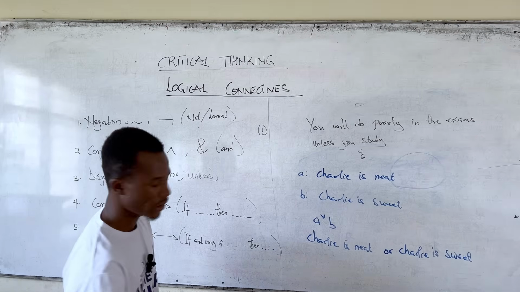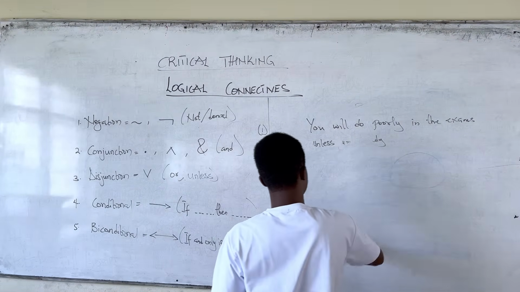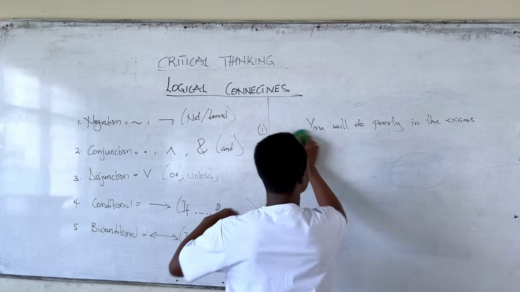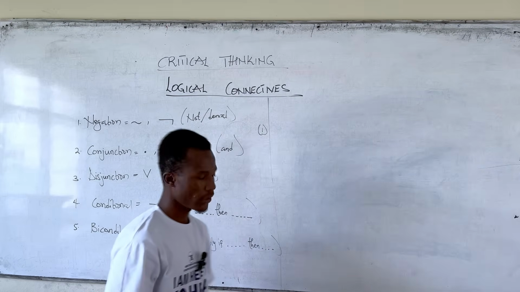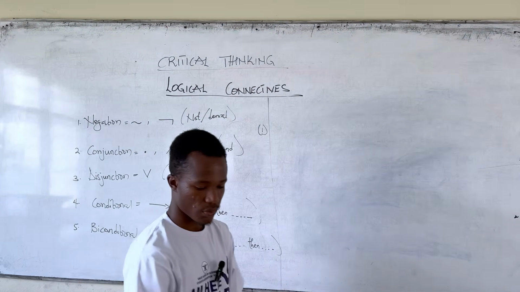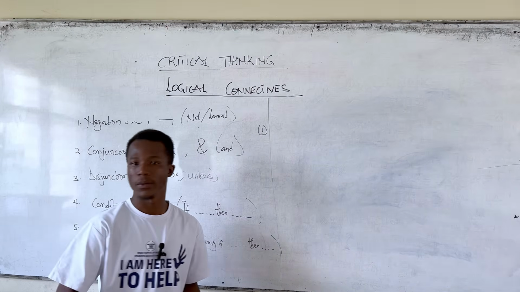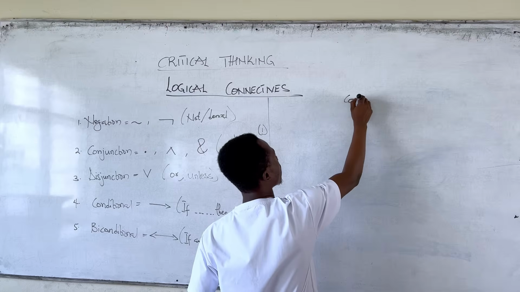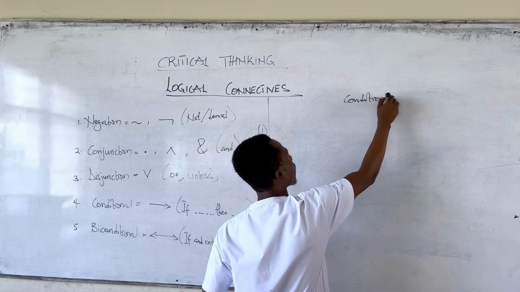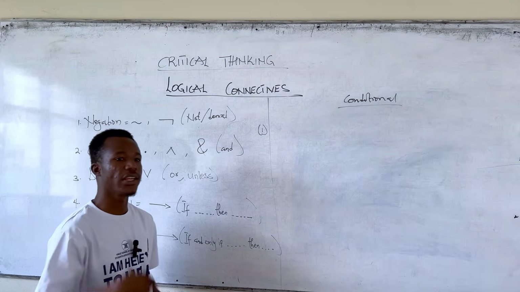The next one is conditional, right? Conditional. Then we look at the last one and we end. So the conditional statements. You know, when you are giving a condition, you start with the word if.